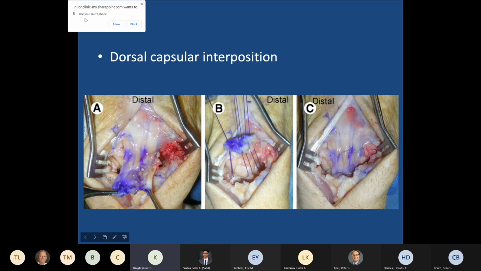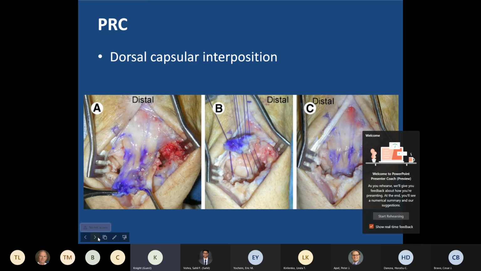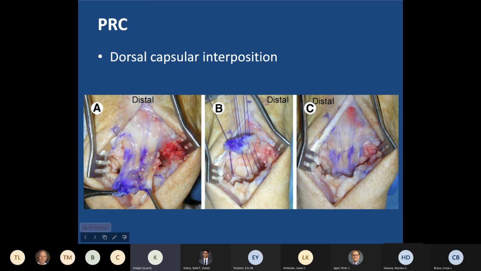So a dorsal capsular interposition is a great option for a patient that you're doing a PRC, but you do notice some capitate wear. Certainly, if there's severe capitate wear on the X-ray, I would certainly not consider a PRC. But if you get in there and there's an unexpected bare spot, you can certainly do an interposition where you take the dorsal capsule.